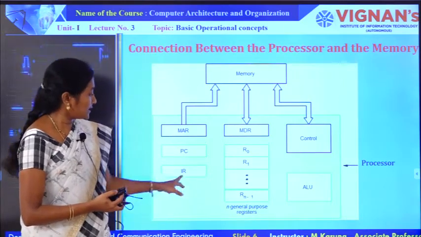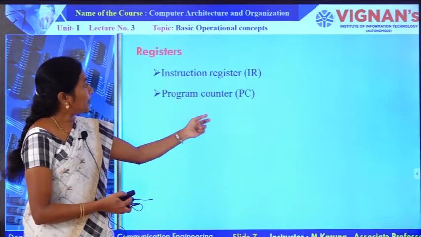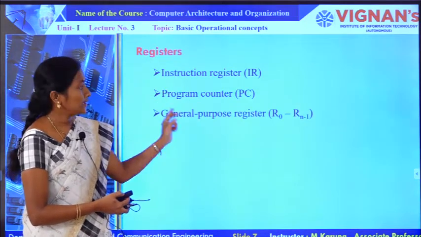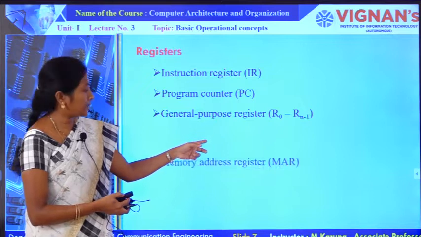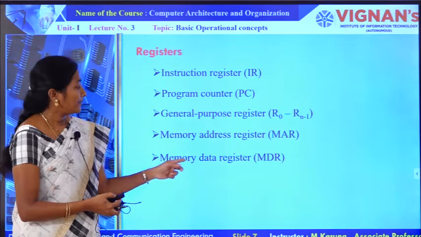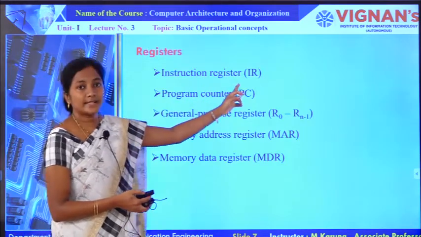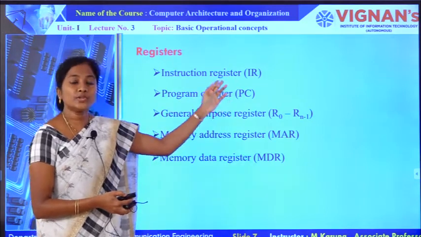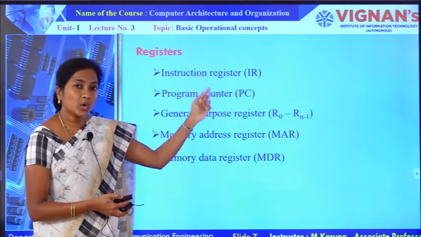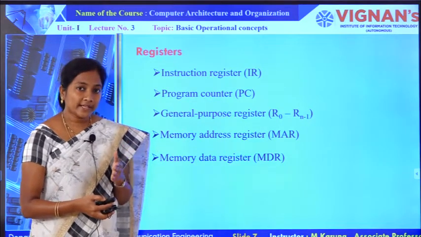So what are the registers? Instruction register, program counter, general purpose registers, memory address register, memory data register. The instruction register is used to store the instruction code which is currently being executed or fetched by the processor.